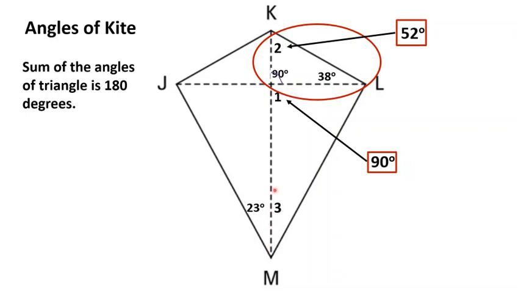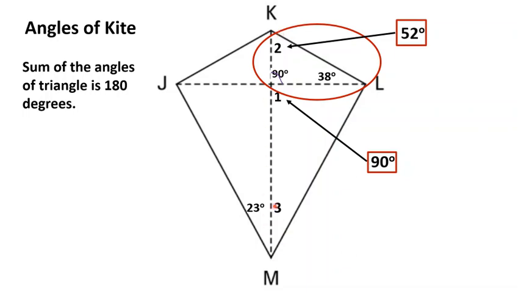Last, number 3. What is the measurement of this angle? Actually, this is easy. We just have to apply a property of kite. The property that we can apply here is that diagonals bisect the opposite angles. We have here 23 degrees, that is JMK.